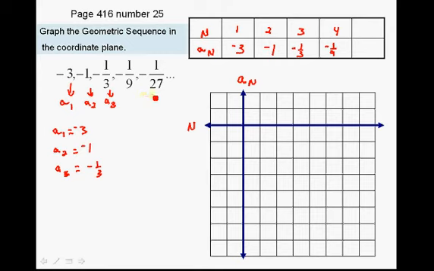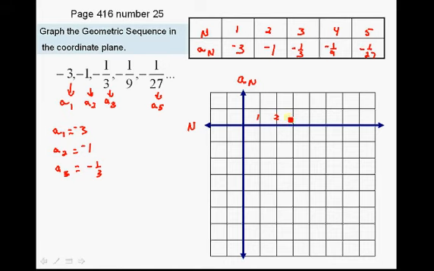And here we have a sub 5. When n is equal to 5, what is the fifth term? It's negative 1/27. Okay, and then you just graph that.